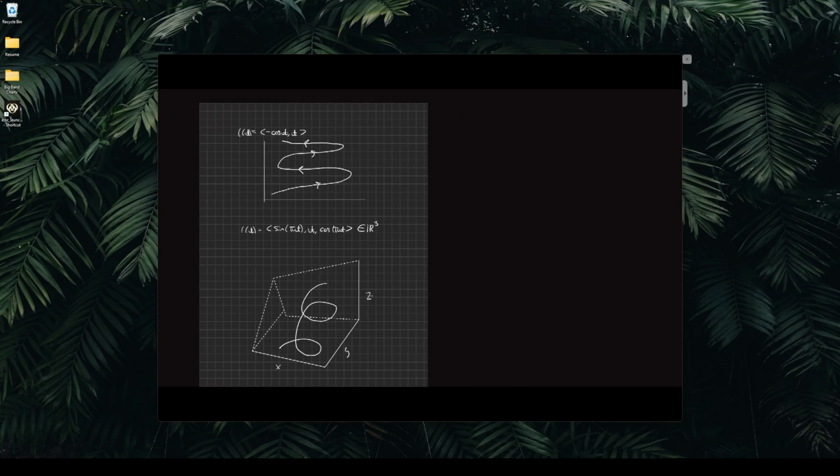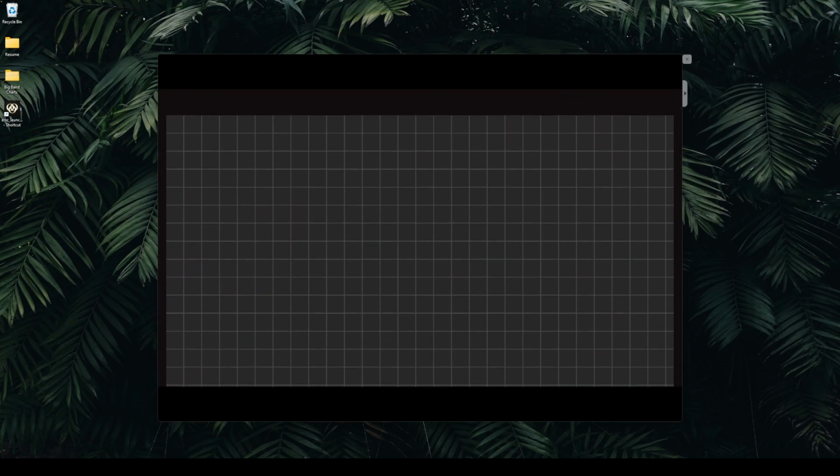And let's do problem 30 now. So 30 is simple. It just asks us to define what curvature is.